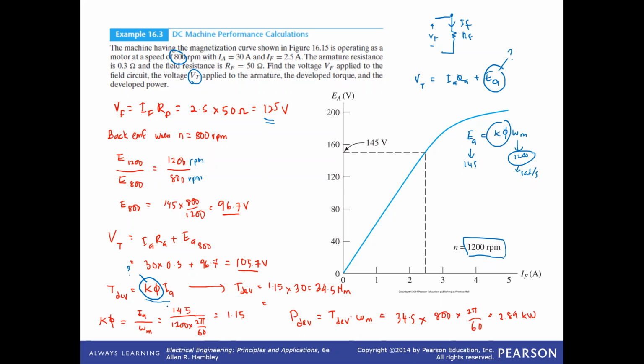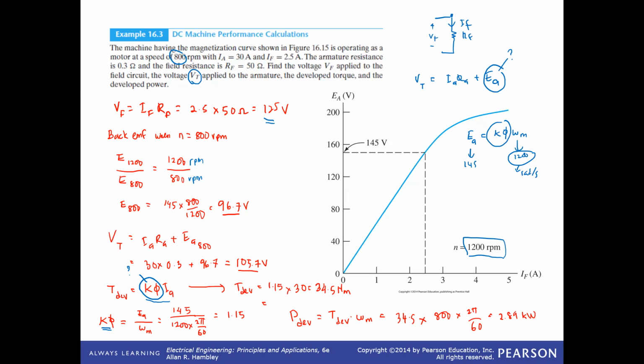Based on this equation, finally I obtain K flux equal to EA over omega, which is 1.15. I multiply 1.15 with 30 ampere, so the torque developed by the motor is 34.5 Newton meter.